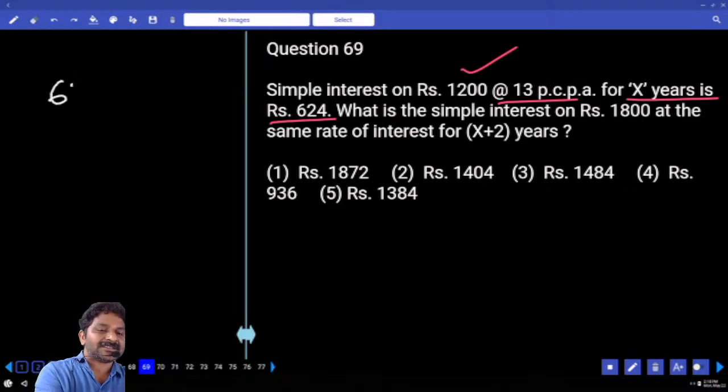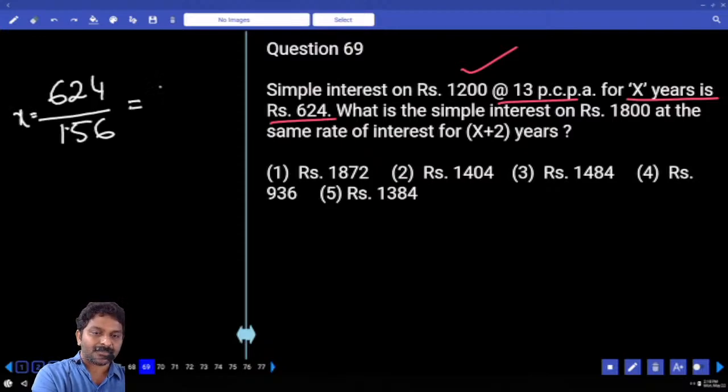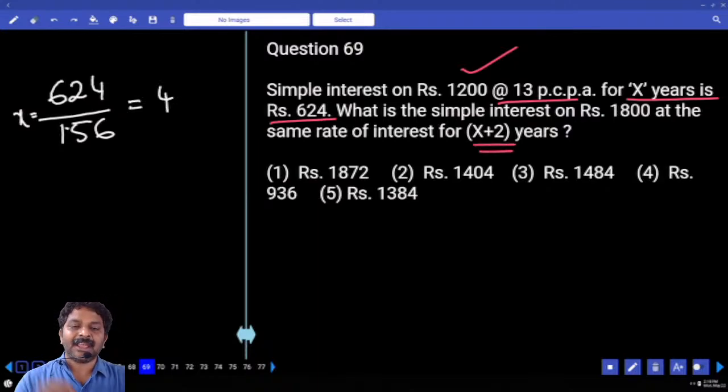Our total interest mentioned is 624. Then per year it is 156. Then time period x is equal to how many years? 4 years. And now we need to calculate it for x plus 2 years. That means 6 years. And they said rate of interest same. Same in the sense 13% only.